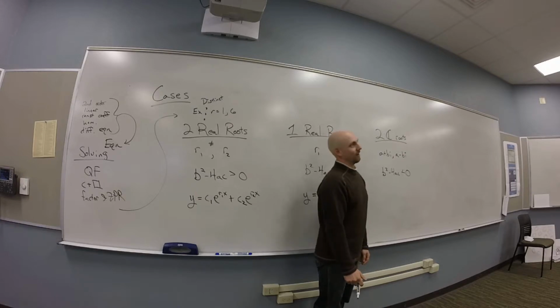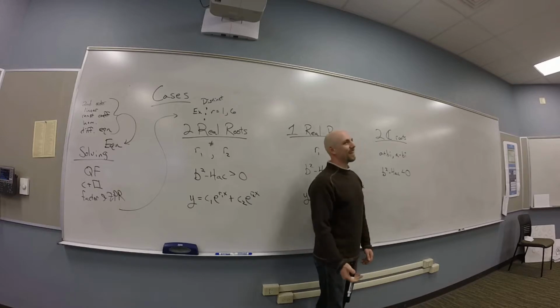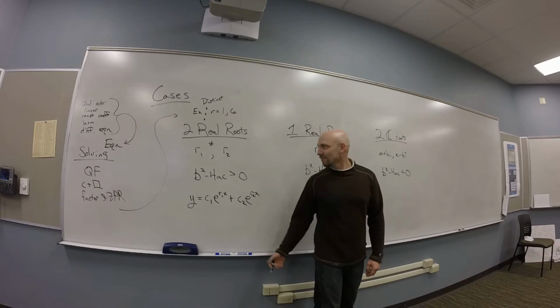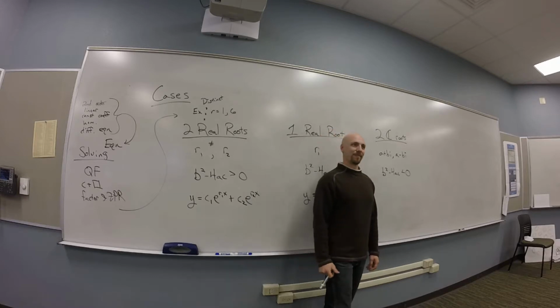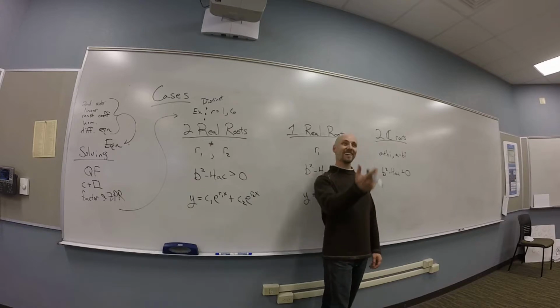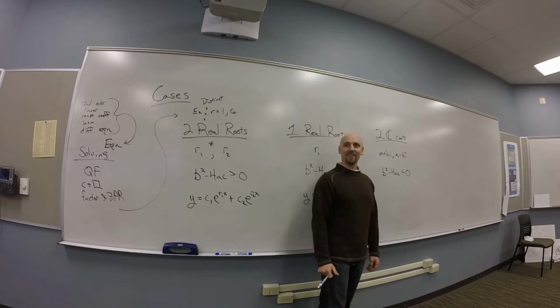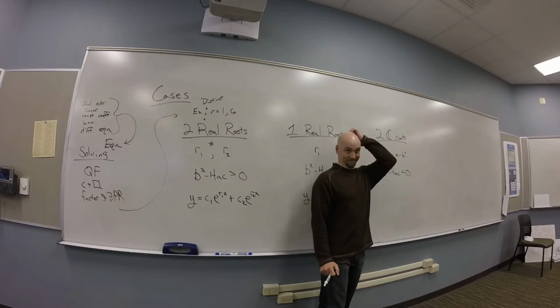Okay. It's a little bit weird to say that works because, where did the quadratic formula come from? It's from completing the square. Do I know that completing the square is valid with complex numbers? I don't know.